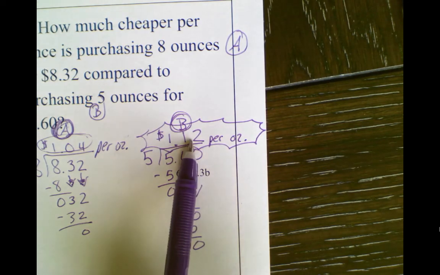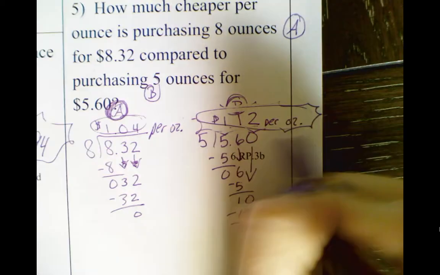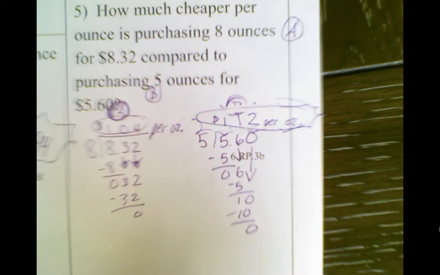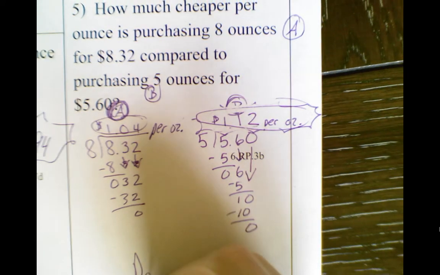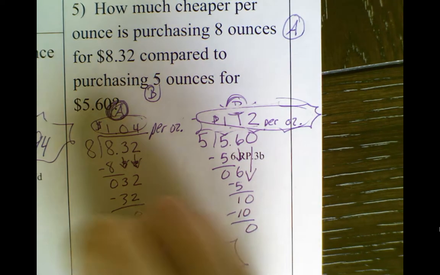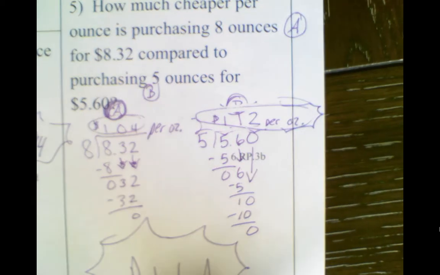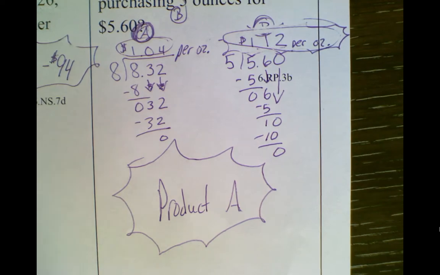It's going to be technically 8 cents more. So this is product B. But so you're technically going to want to buy product A, because it's a lot cheaper than product B by 8 cents per ounce.